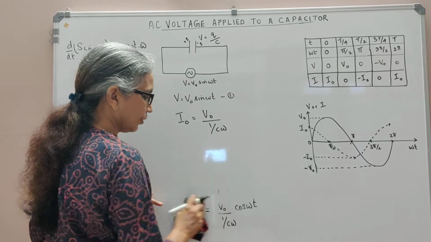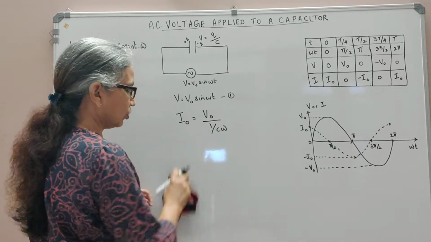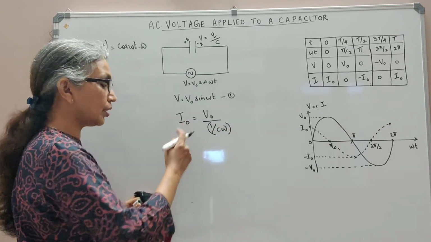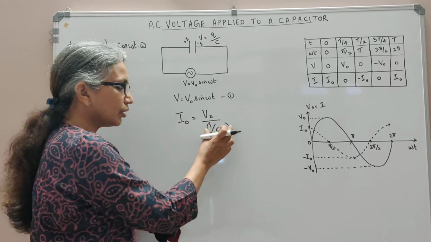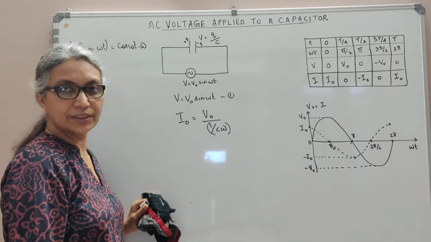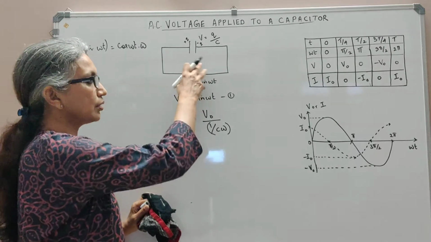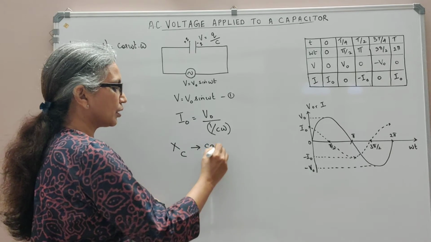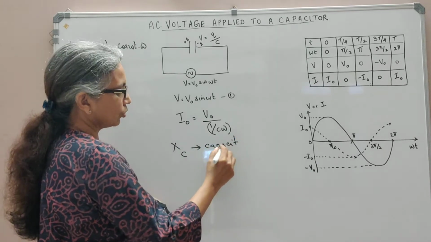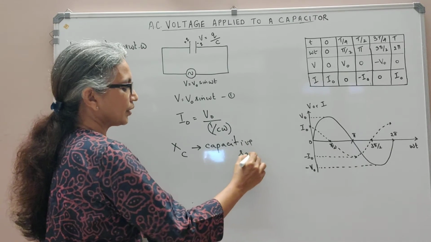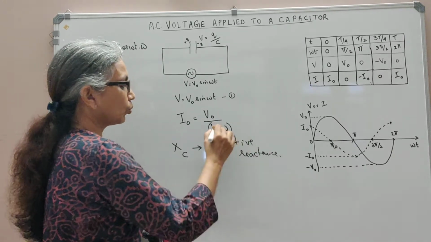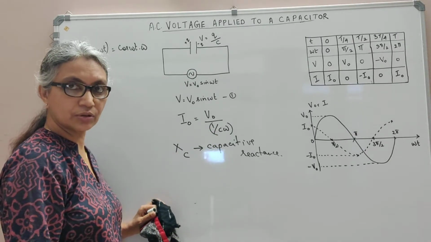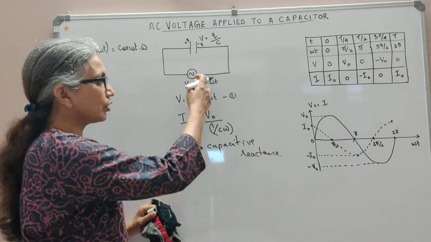So now we have this playing the role of resistance, because Ohm's law says I equal to V by R. You will see that this factor here limits the flow of AC current in the circuit, and we call that factor XC, which is called the capacitive reactance, equal to 1 by C omega, showing you that it is inversely proportional to the capacitance of the circuit and inversely proportional to the frequency of the source.